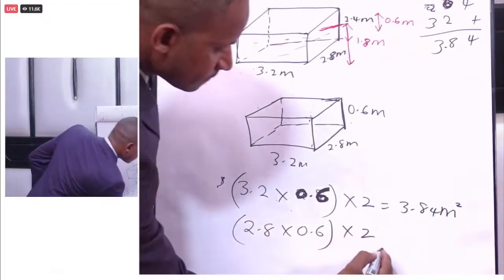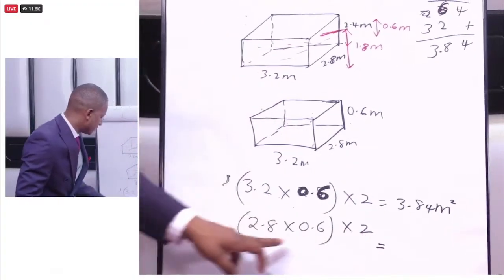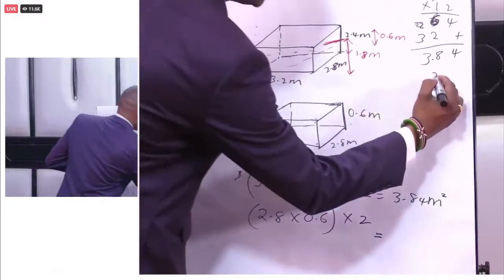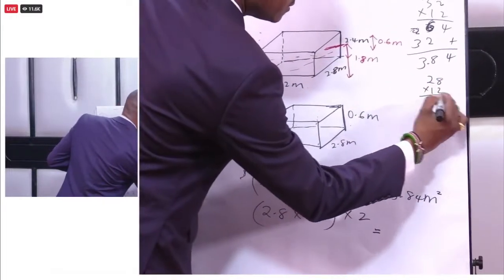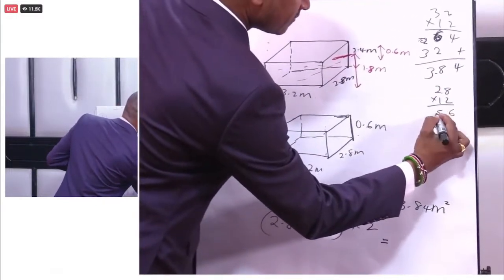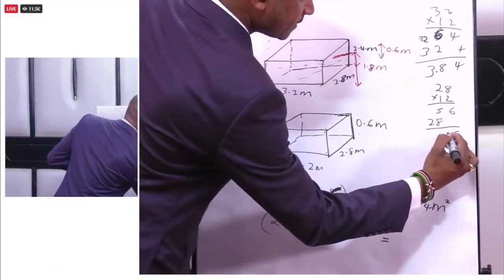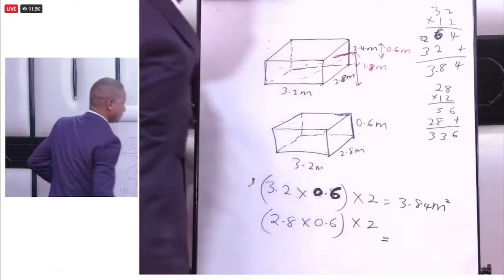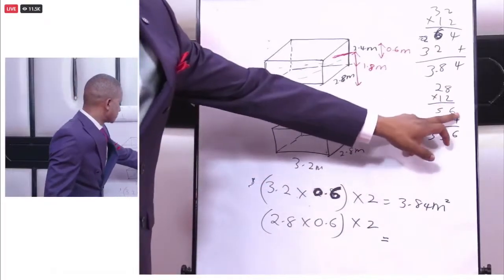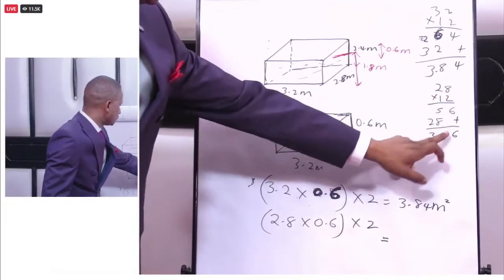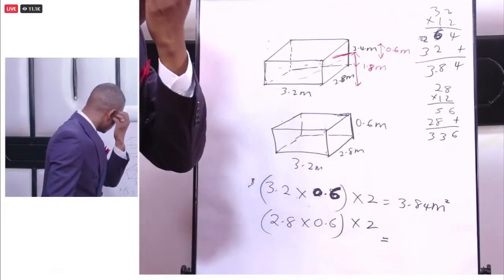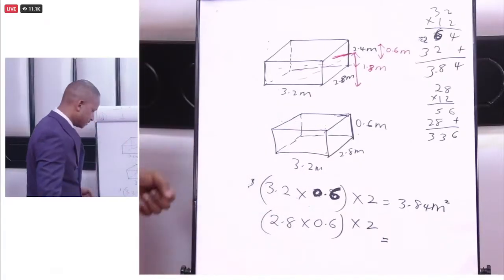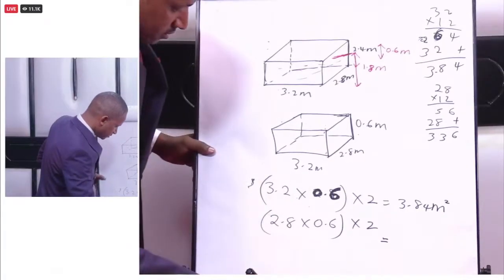Then the next part, to 2 decimal places, is 3.36 meters squared. I don't have a calculator here, so I'm trying to do this, or I'll use a phone.